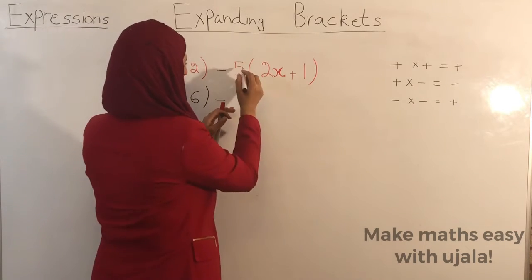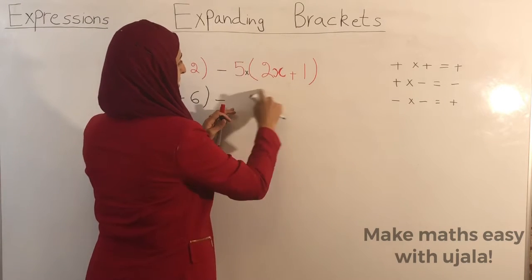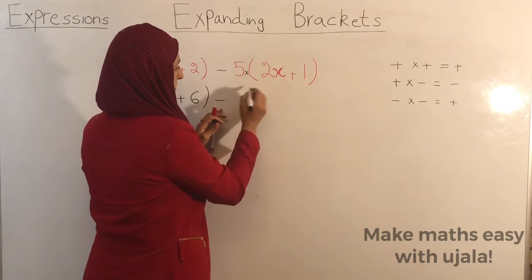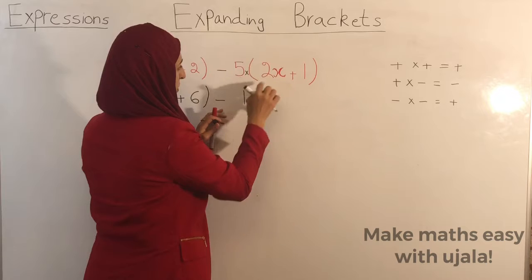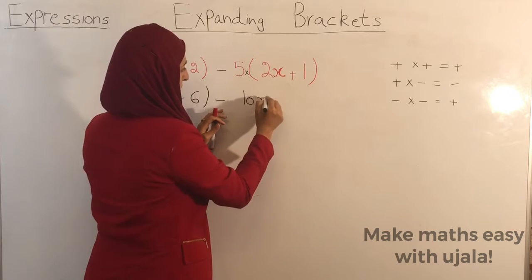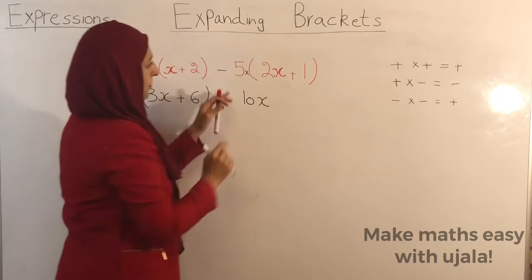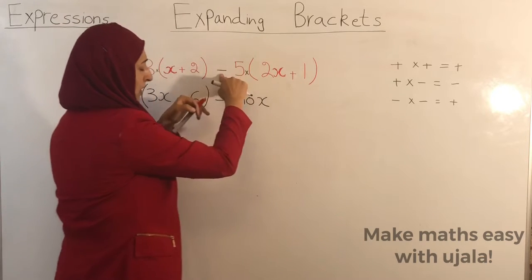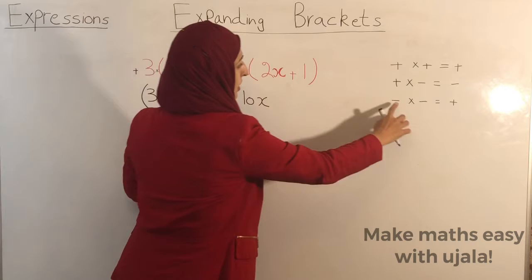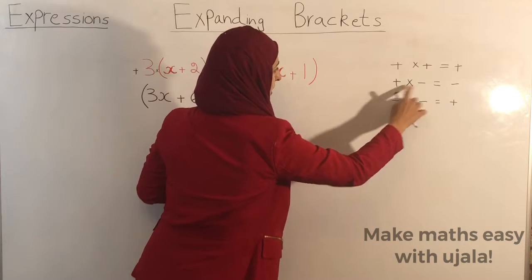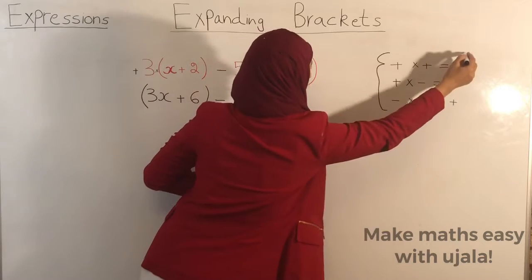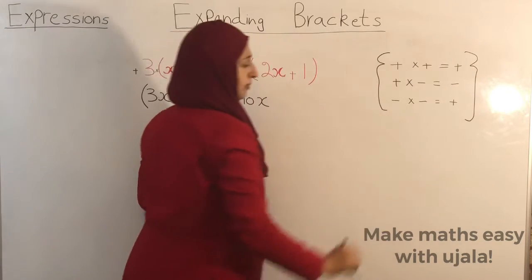Now same thing, 5 is multiplying with everything inside the bracket. 5 times 2x, 10x, the coefficient is coming with it. Now minus is multiplying with plus, the answer is minus. So these 3 rules are very important to memorize.